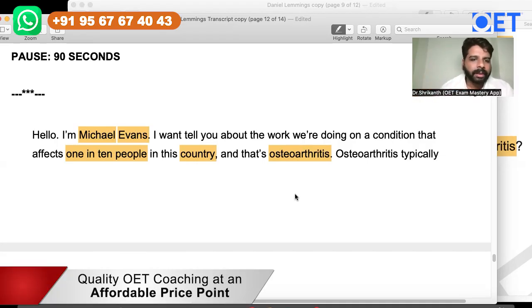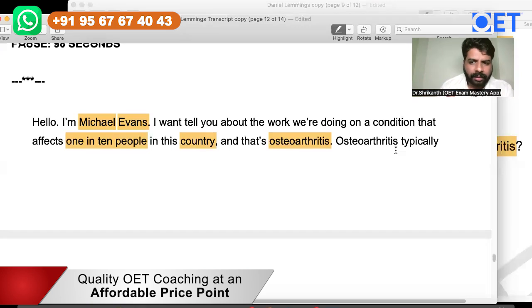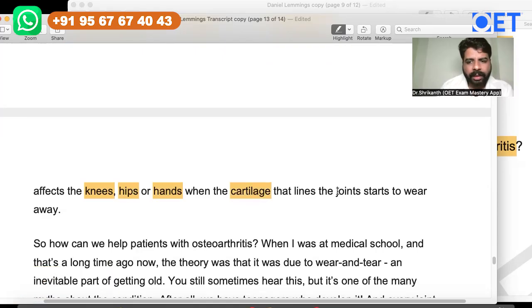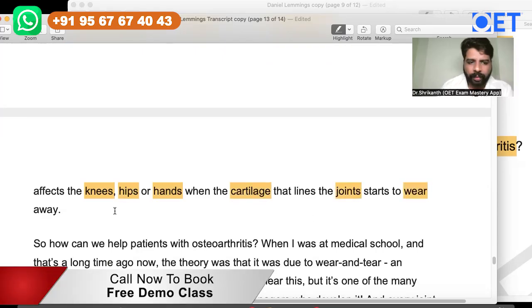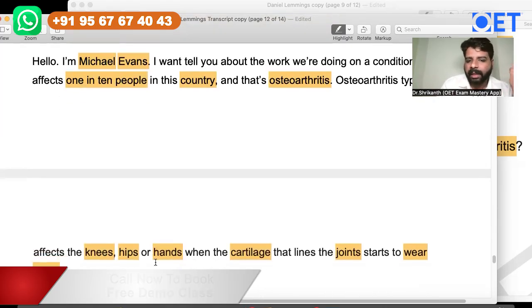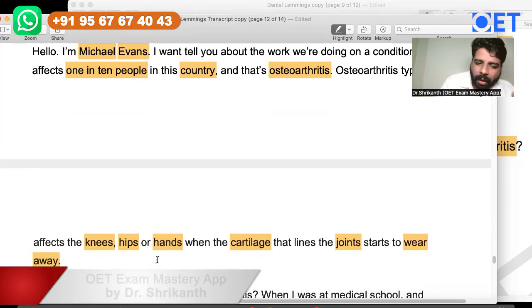Now let's go to the third sentence. Arthritis typically affects the knees, hips, or hands when the cartilage that lines the joints starts to wear away. Okay, so now he is talking about the mechanism of osteoarthritis. That is, osteoarthritis affects the knees, the hips, and the hands. Okay, and how does it affect?